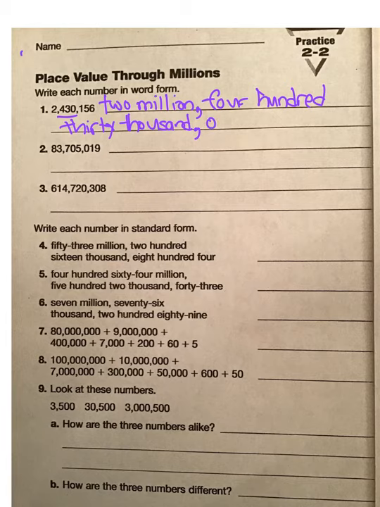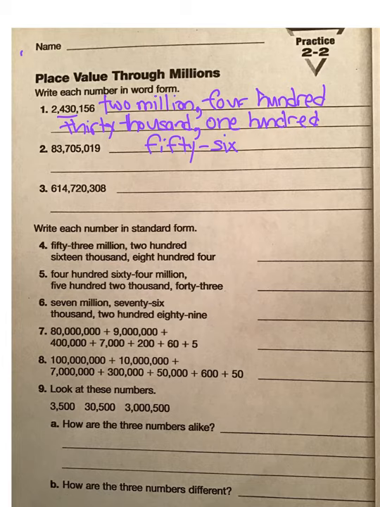So 150 hyphen 6. Notice that I put a hyphen there. Whenever you have a number like 56, 35, 28, 49, 71, we put a hyphen between those compound numbers.